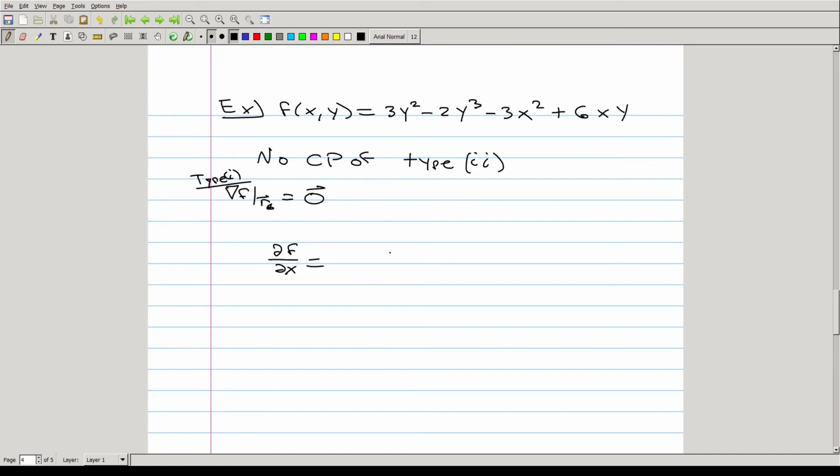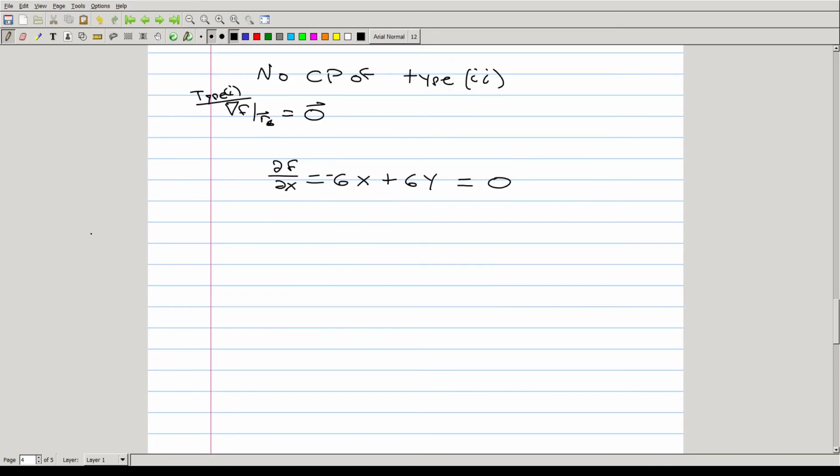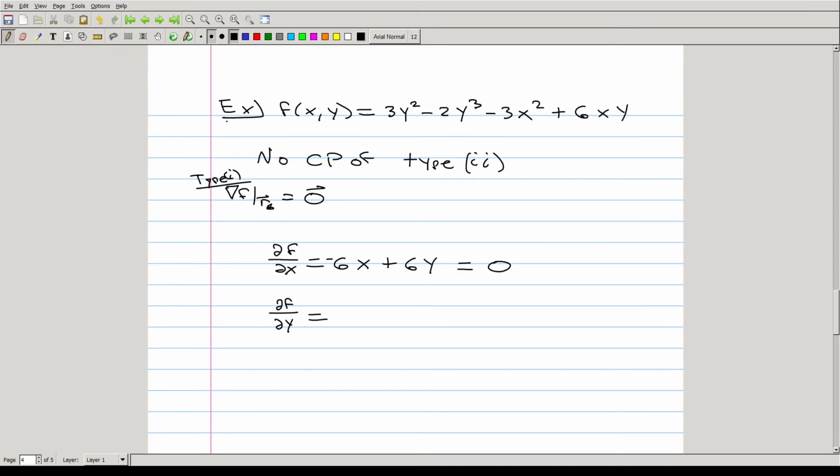The x partial derivative of this function is going to be negative 6x plus 6y. And when we're solving for these critical points, we're solving for points where df dx will be 0, and simultaneously we need df dy to also be 0.